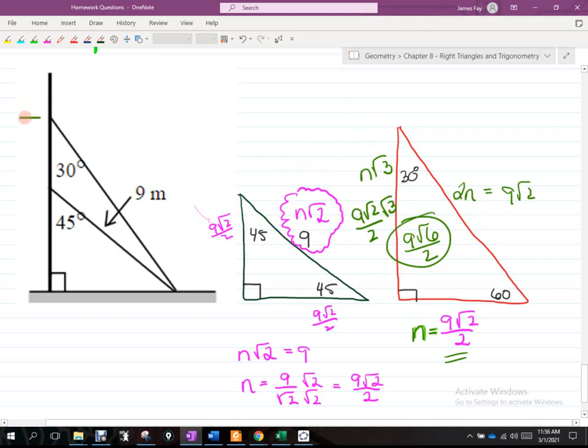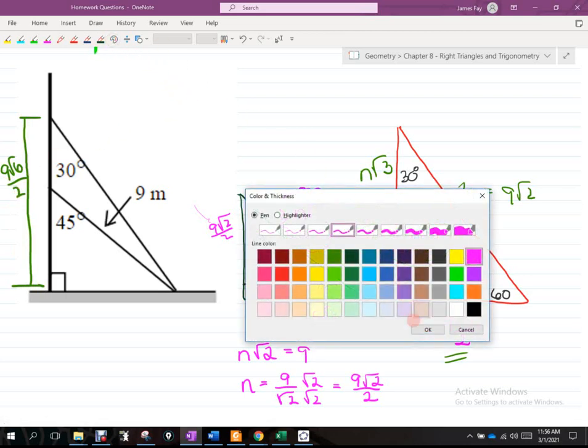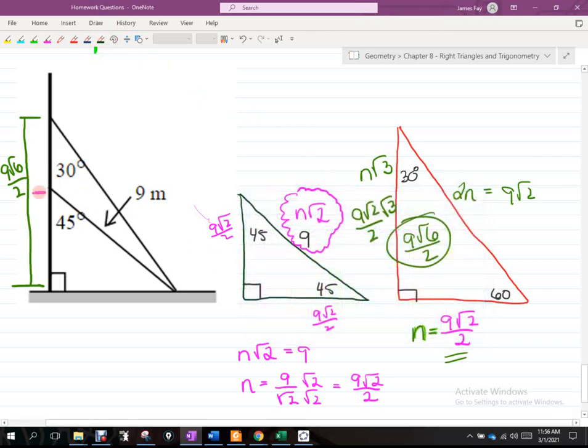So right here, we've got this green distance here being 9 radical 6 over 2, and then we've got this distance here being 9 radical 2 over 2.